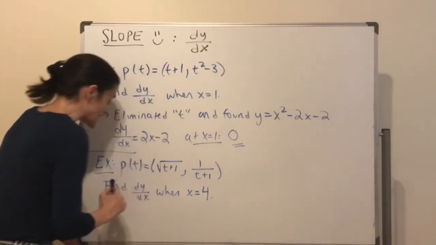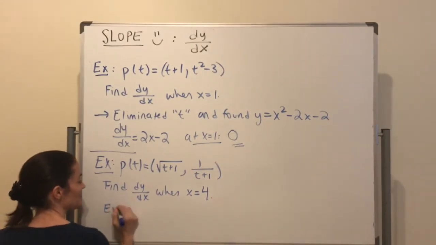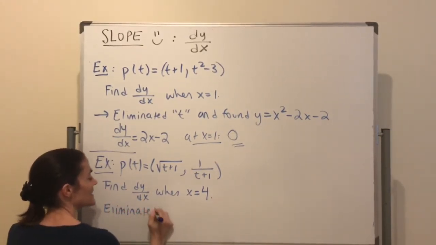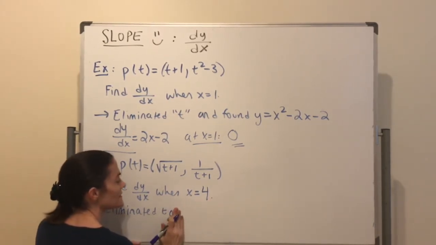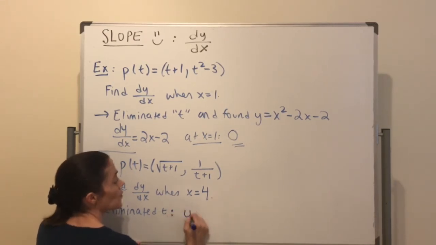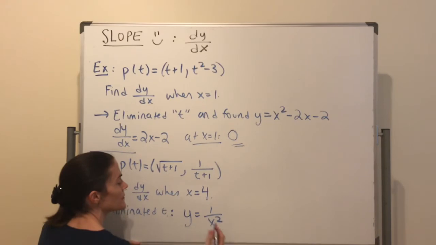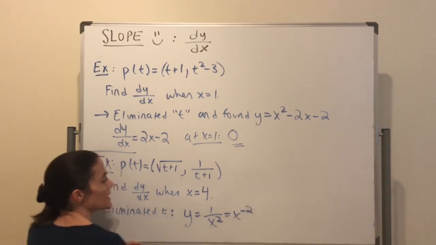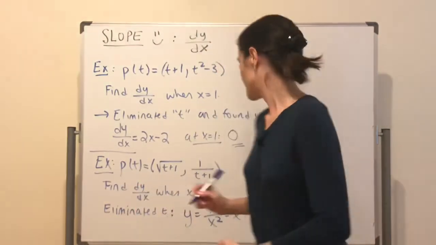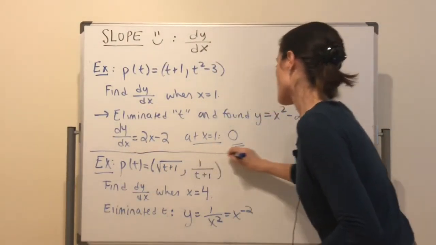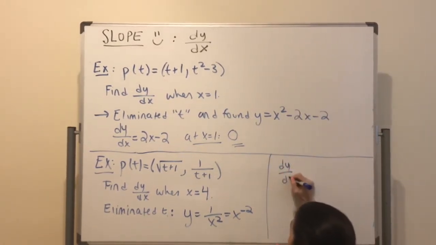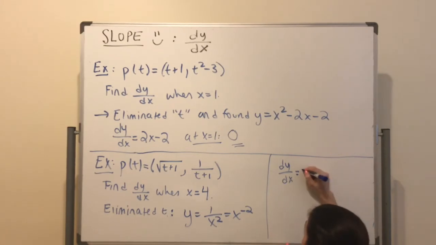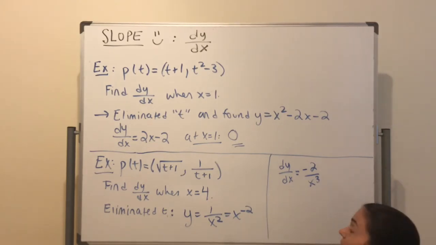And similarly, just like the last one, we eliminated the t and found y is 1 over x squared, which if we want to differentiate, it's x to the minus 2. dy dx is minus 2 x to the minus 3, which I could certainly write like this.